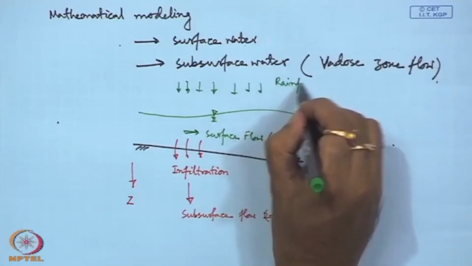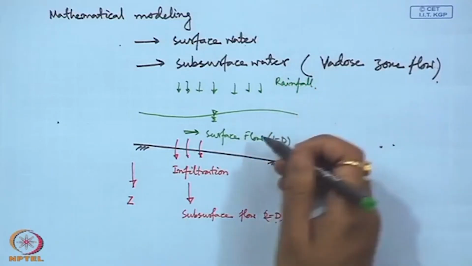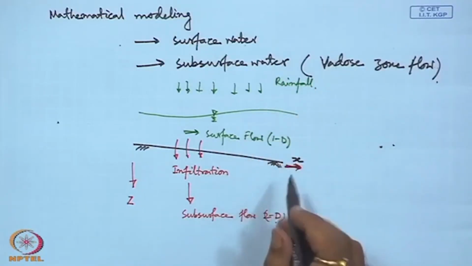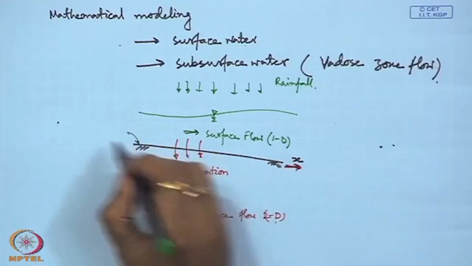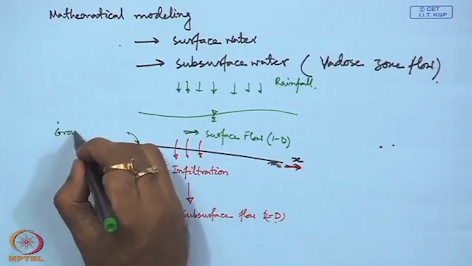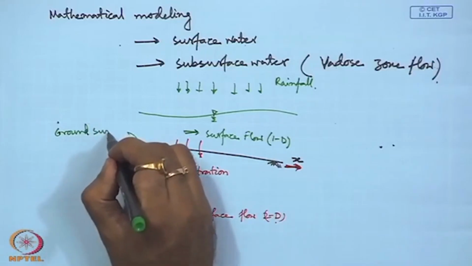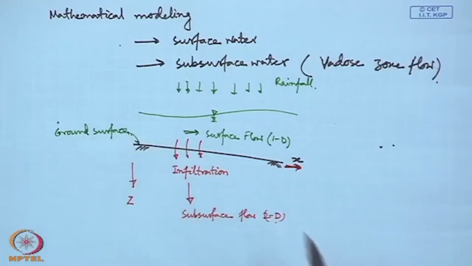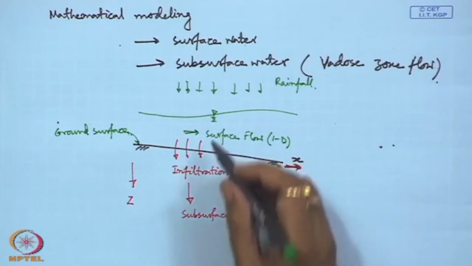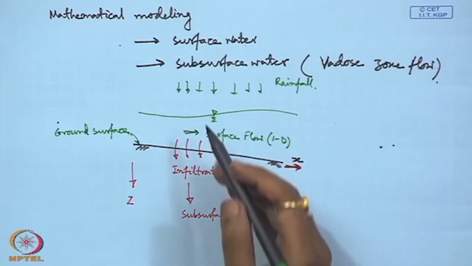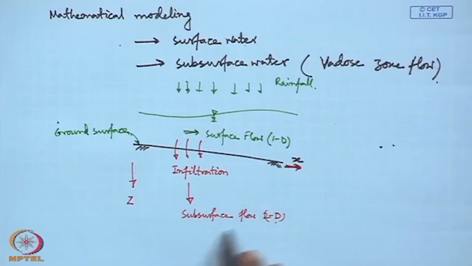So, starting from rainfall, we have surface flow, and this is our ground surface, and below we have this infiltration, and due to this infiltration only there will be subsurface flow, that is 2-dimensional in nature.